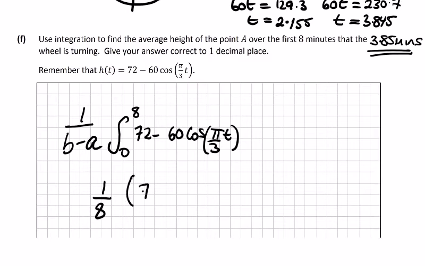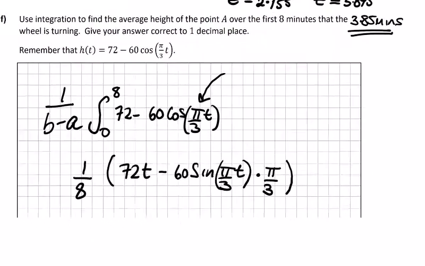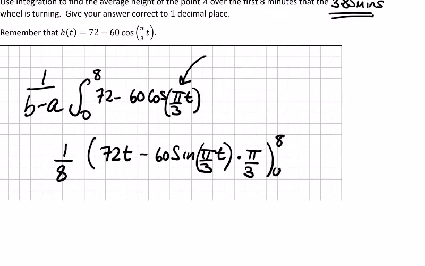If we integrate 72, we get 72t. Cos goes to sine, so it stays as a minus 60 sine pi over 3 times t. And then the differentiated angle will be pi over 3 outside, which will change it from the angle into the number 3.14.